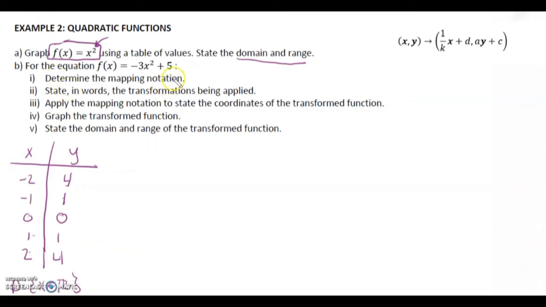Now we're going to use f at x equals -3x plus 5 as the transformed graph. So let's write out the transformations and do the mapping notation. I always do the transformations first. This negative sign means reflection in the x-axis.